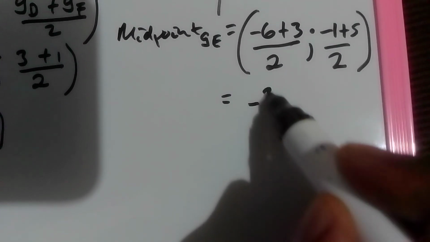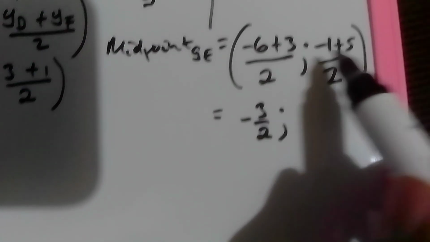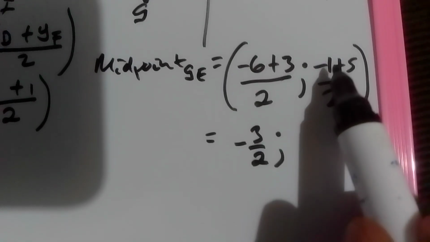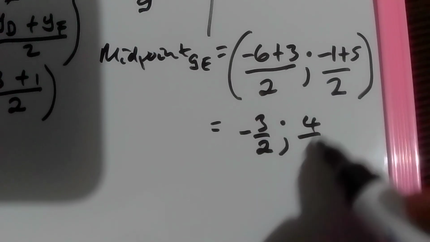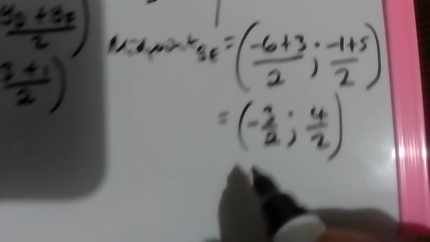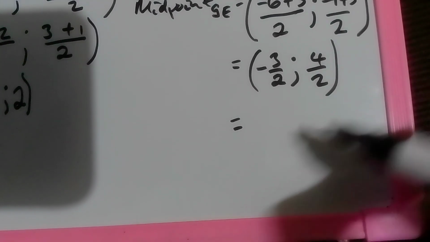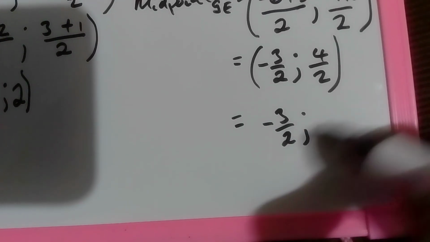So I've got negative 3 over 2. Negative 1 plus 5, when you punch your calculator, is the same as 5 minus 1, which is 4. So we've got 4 over 2, which is equal to 2.